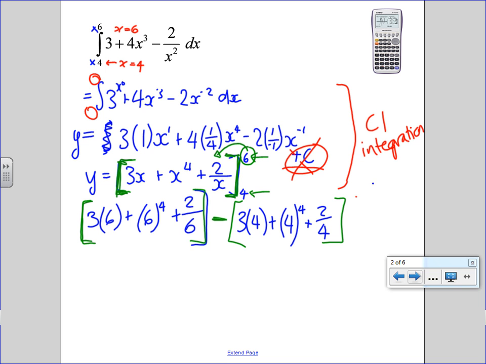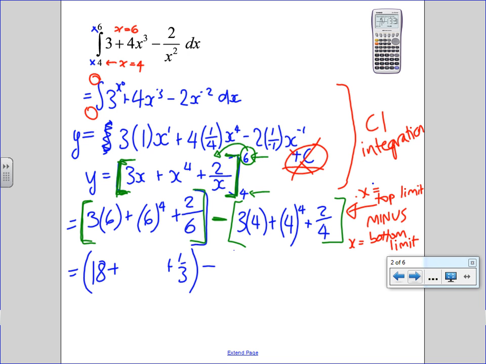And then this step is where the C2 happens. So you put the top limit in, x equals the top limit, and then minus, and then x equals the bottom limit. From this point, it's just numbers really. Well, I say just numbers, but I've got a calculator. 3 times 6 plus 6 to the 4 plus 2 divided by 6.